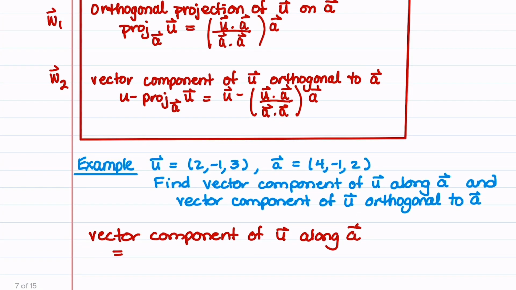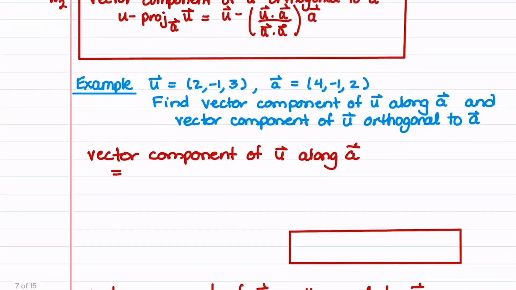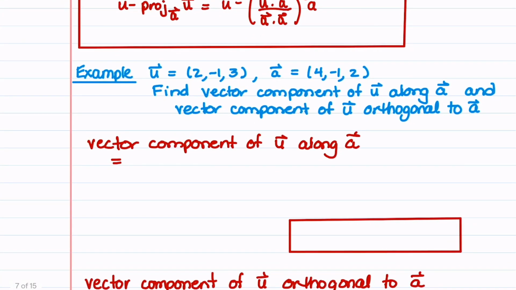Let's now put this theory into practice and do an example. We're given two vectors in R3, and we're asked to find the vector component of u along A and the vector component of u orthogonal to A. So we're going to start with a formula. The vector component of u along A is the projection of u onto A. I always have to think about that when I write it, because you say u onto A, but you write A first.